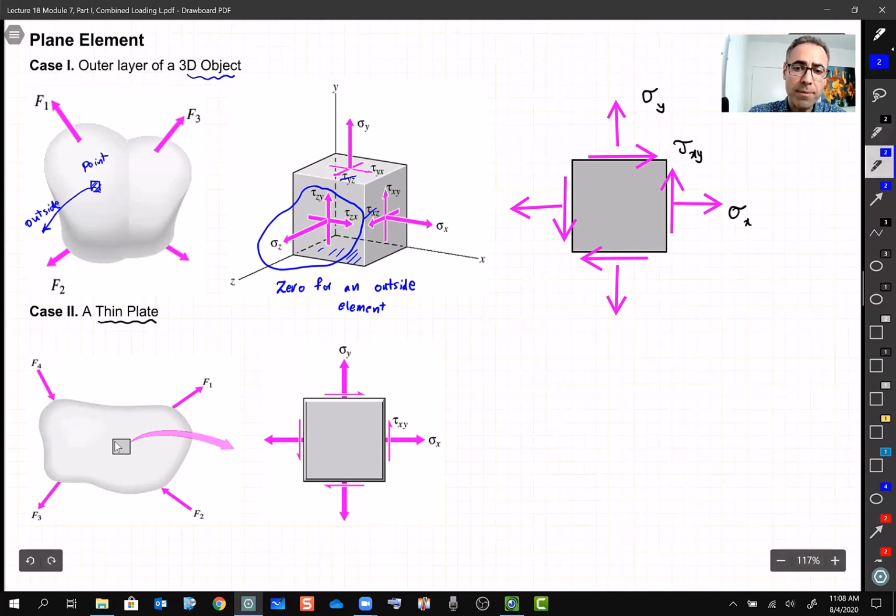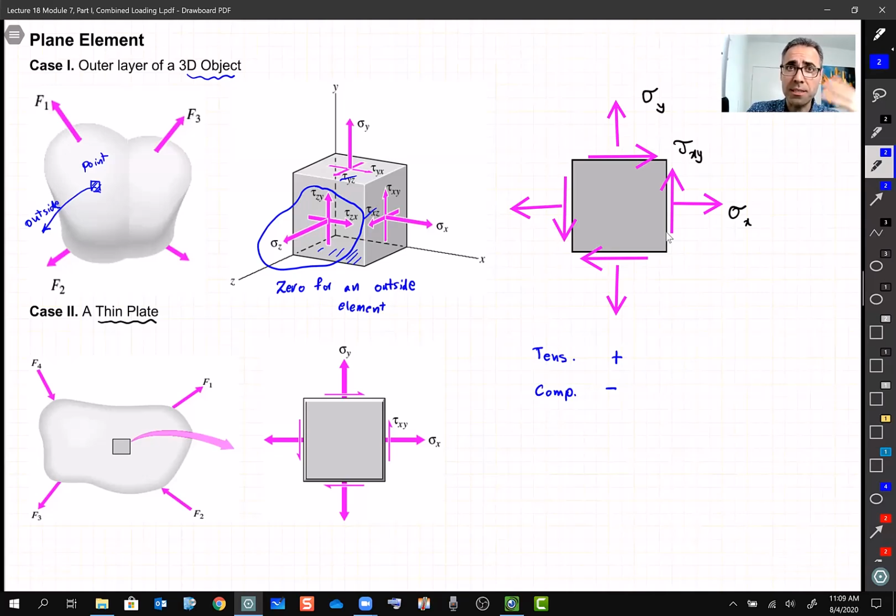So for a 2D element, we also need to have some agreements, some convention, and you need to keep it in mind. So the same scenario for tension and compression, we have the sign of positive and negative. All right? For shearing stress, previously I told you no sign, right?